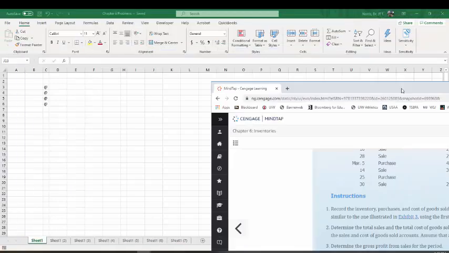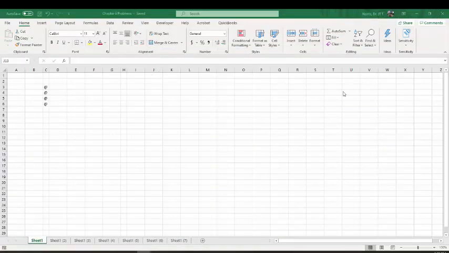All right. So I've got a blank Excel spreadsheet here that I've formatted a little bit. So I've got date, units, and then cost per unit, and then total cost. Okay?